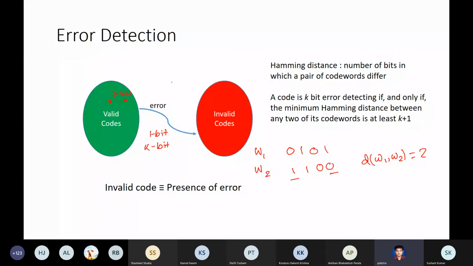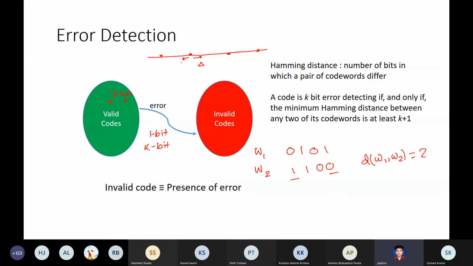Why? There is a very intuitive way of looking at that. Say these are all your valid code words. Imagine an error perturbing a valid code word by some delta Hamming distance. Because of the error, the new code word that we get, the corrupted code word, is delta Hamming distance from the code word from which it was generated.